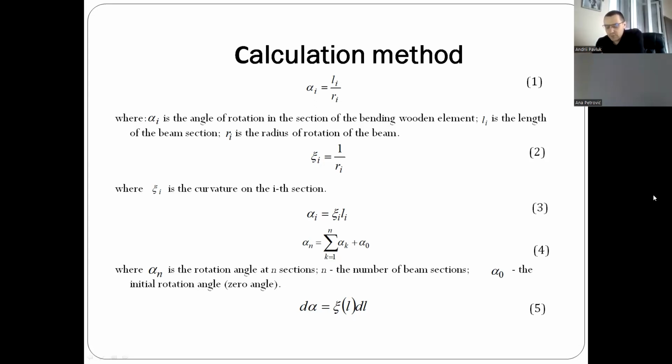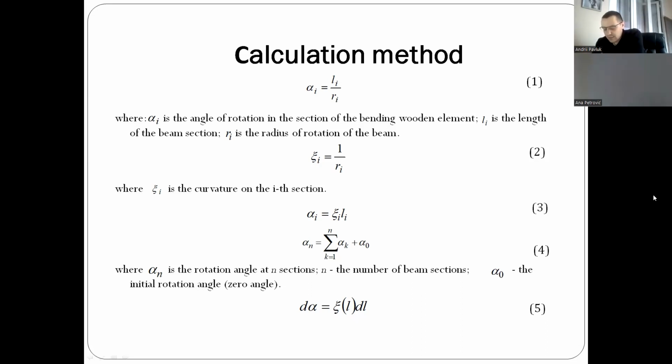If you divide the wooden bending elements into equal parts and determine the curvature at the edges of these intervals, you can determine the average curvature over the entire section. Suppose that we have a section of the bending element in which the curvature occurs at each point along its length.